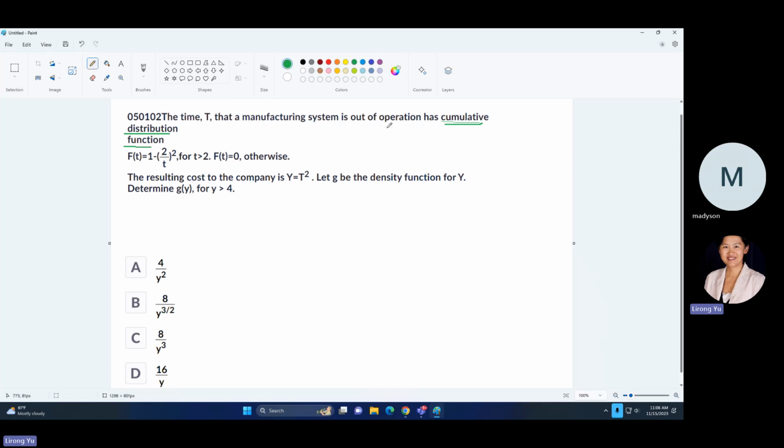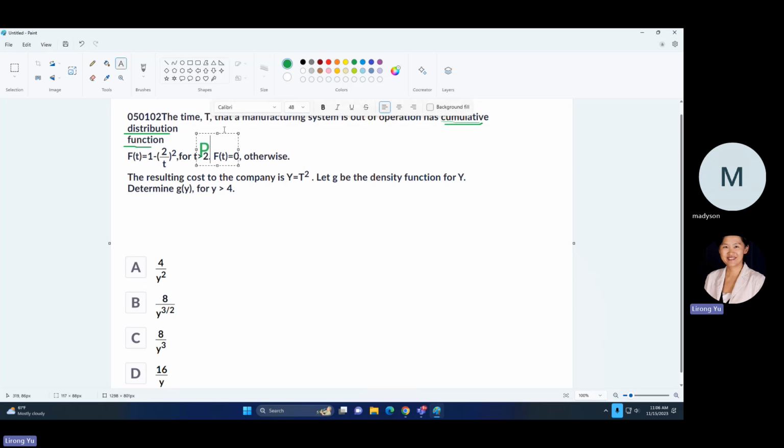CDF, cumulative distribution function. So this is really a probability. Remember how F of t, the cumulative distribution function, is defined as the probability that the random variable is less than a certain quantity.